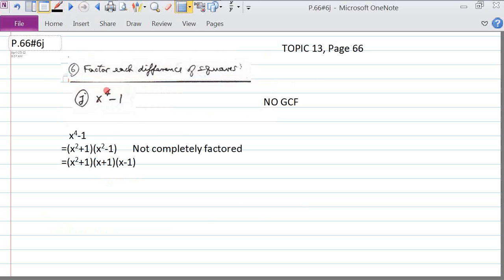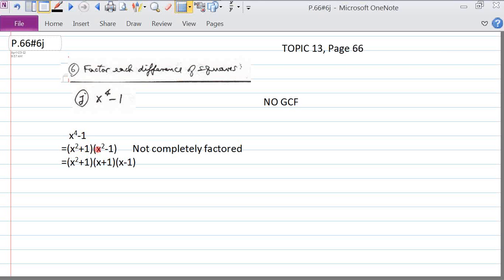Same here. So here we have x to the 4th minus 1, and what we ask ourselves is what times what gives us x to the 4th. It has to be x squared times x squared gives us x to the 4th, and plus 1 times minus 1 gives us minus 1. So this is the difference of squares.